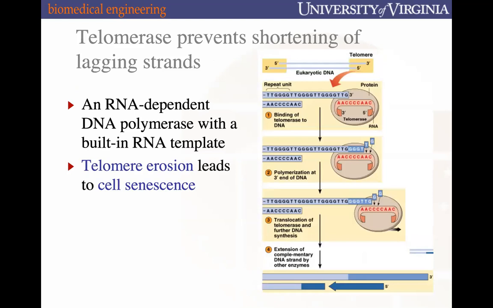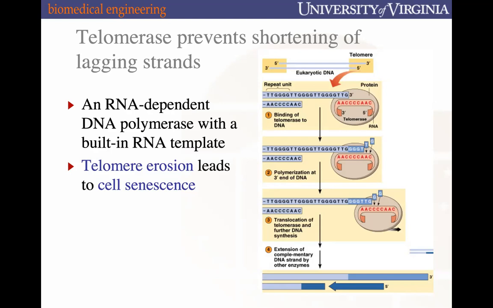This is incredibly important in cells where we can't have replication events where the telomeres are removed or shortened. And this is going to be particularly important in stem cells during embryonic development, where in adult cells, our telomeres are continually shortened, and this shortening will lead to a point where our cells can no longer replicate.